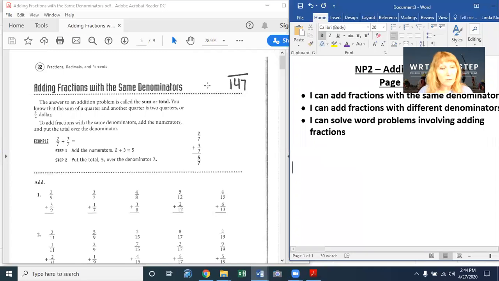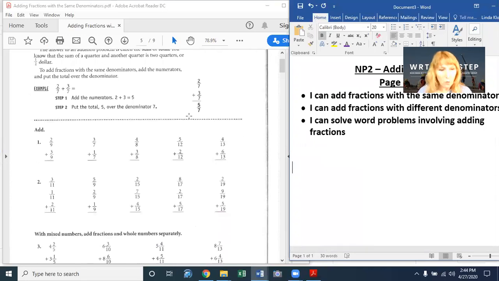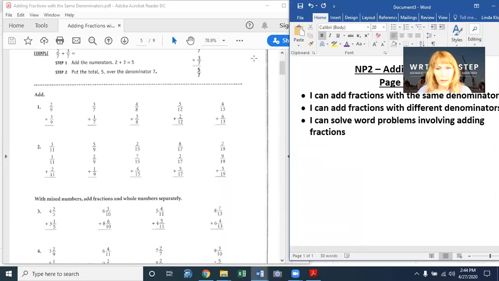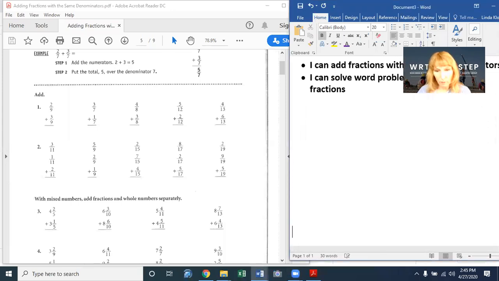Okay, adding fractions with the same denominator. Let's look at row 1. We're going to look at this row right here. So this is row 1, and we're going to look at the first one, 2/9 plus 3/9. I'm going to do a lot of my writing over here on the white space.